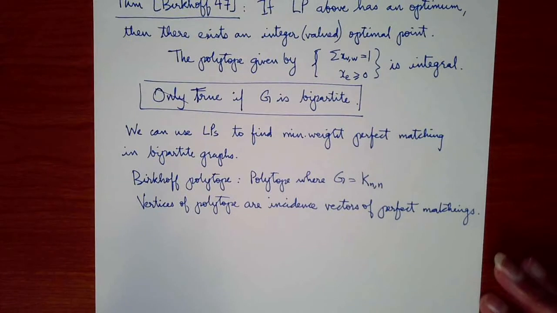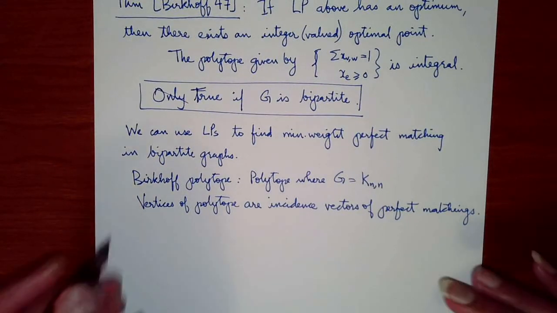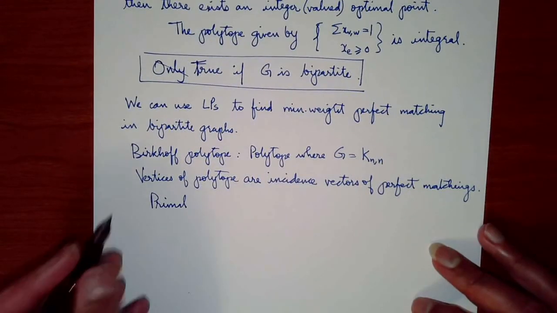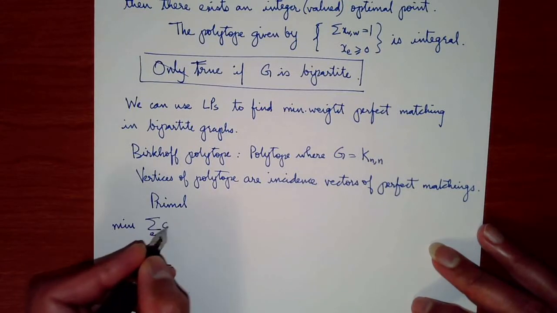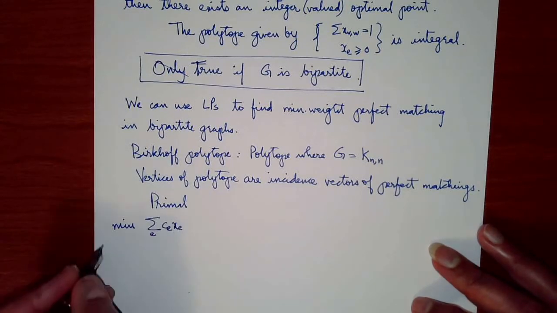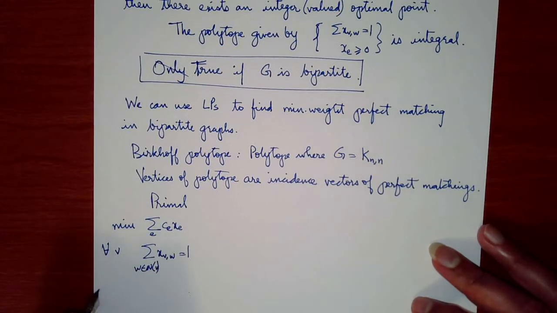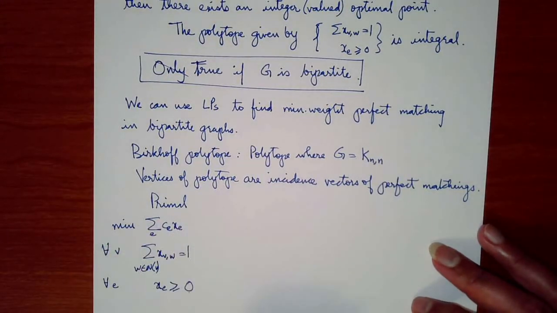Okay. So now that we have a primal, let me rewrite the primal here so that you can see it. It's the min of the summation over e of c_e x_e, and then for all v, you have the summation of x_w equal to 1, where w is in the neighborhood of v, and for all e, x_e is greater than or equal to 0. So this is the primal problem. And now let me write the dual as expected.